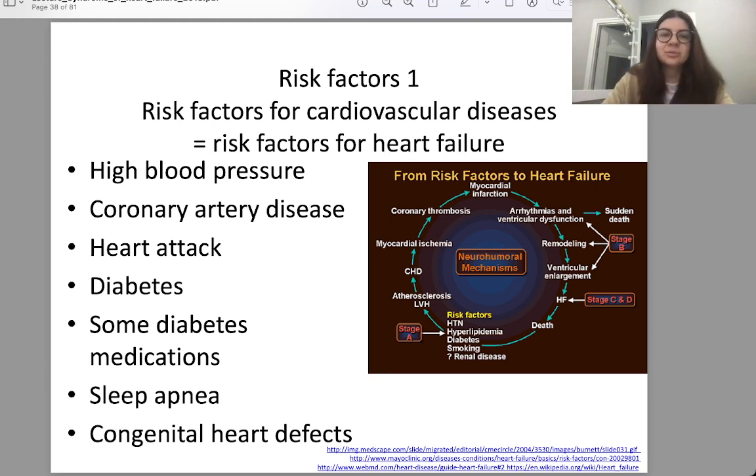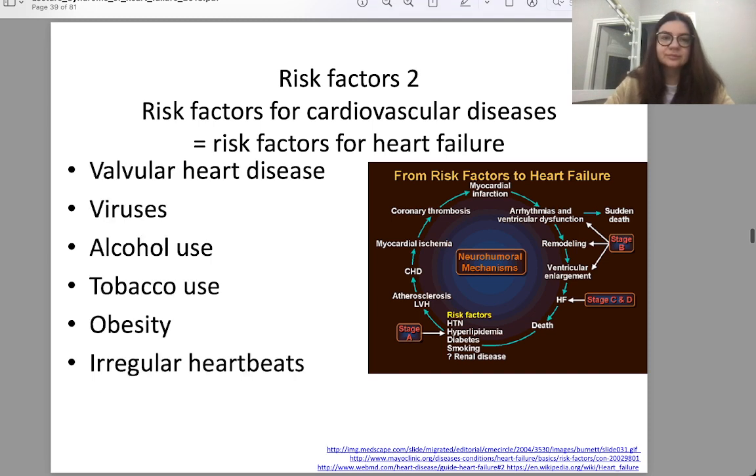It is high blood pressure like hypertension, coronary artery disease, heart attack, diabetes, some diabetes medications, sleep apnea, congenital heart defects. Moreover, it can be heart valvular disease, viruses, alcohol use, tobacco use, obesity, and irregular heartbeats.